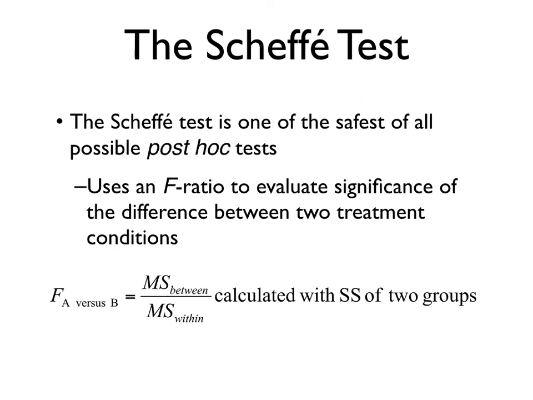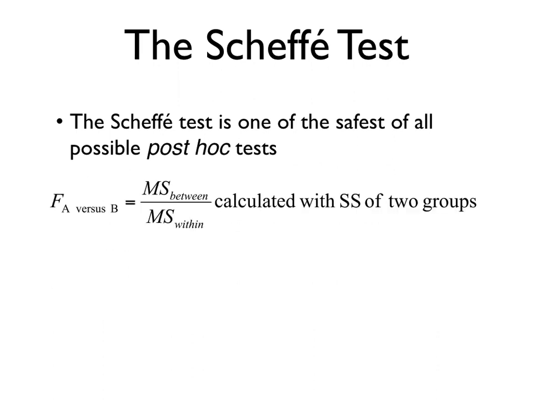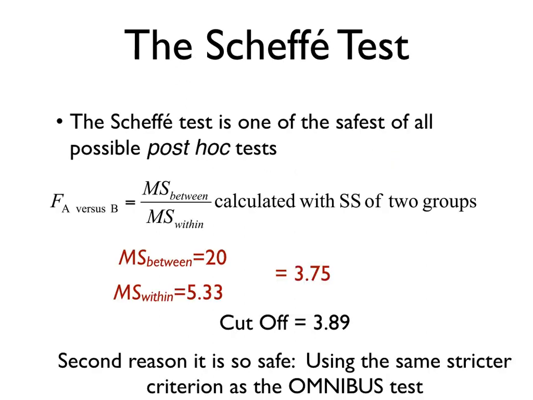The Scheffé is one of the safest of all possible tests, and it's using this similar F ratio where we do hedge our bets and use a stricter criterion to find a significant difference. Notice here, our 3.75 is below the cutoff of 3.89, so we don't find a significant difference between these two groups.